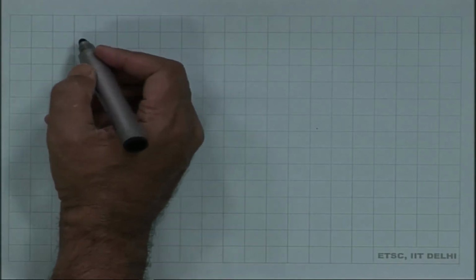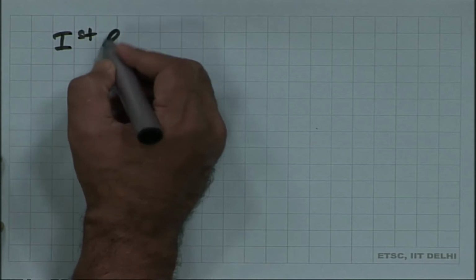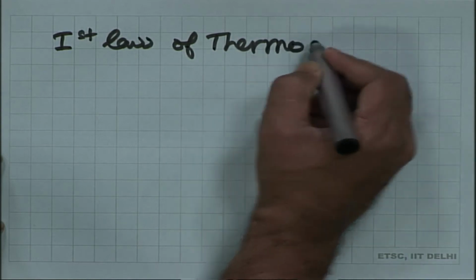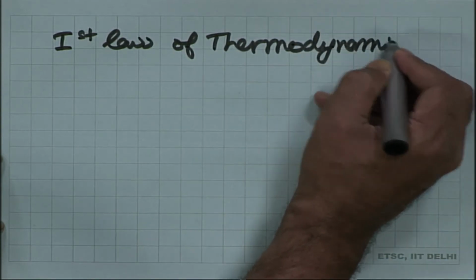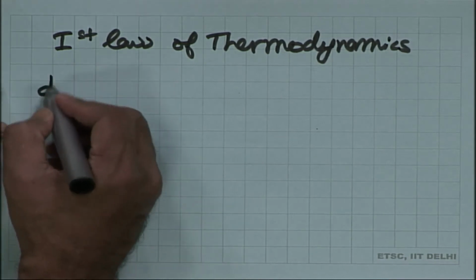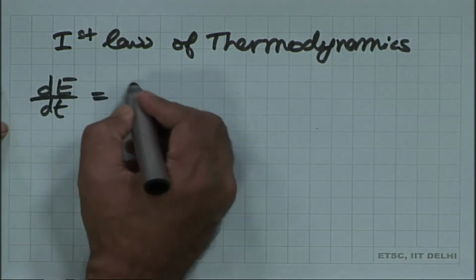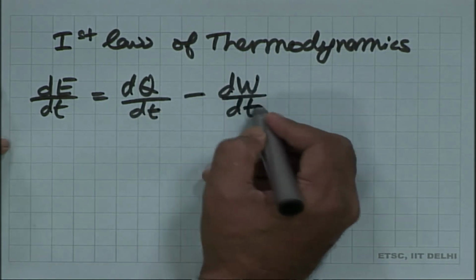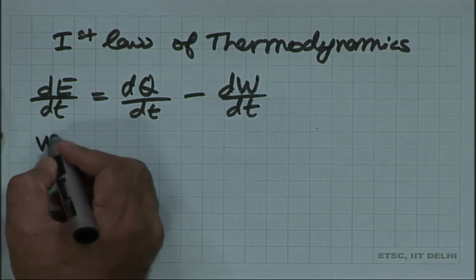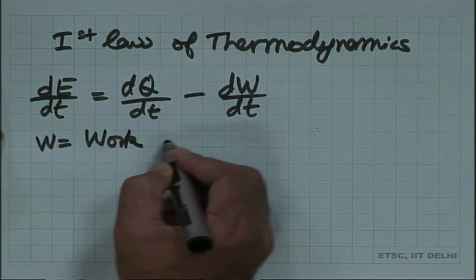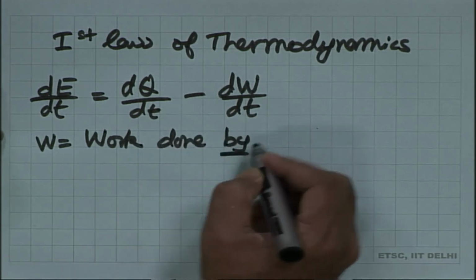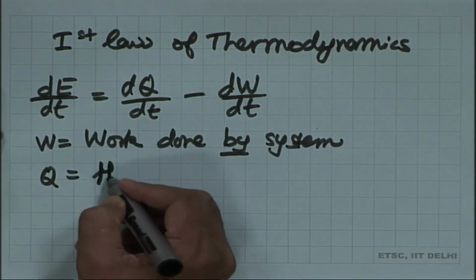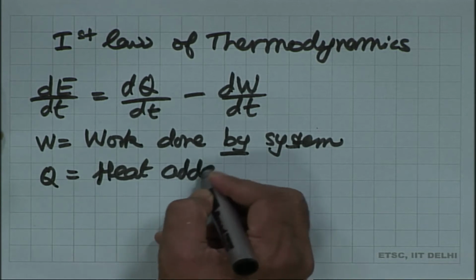So, this is where we go to the systems approach and write the left hand side from the first law of thermodynamics, which tells us dE by dt is equal to dQ by dt minus dW by dt, where W is the work done by the system and Q is heat added to the system.